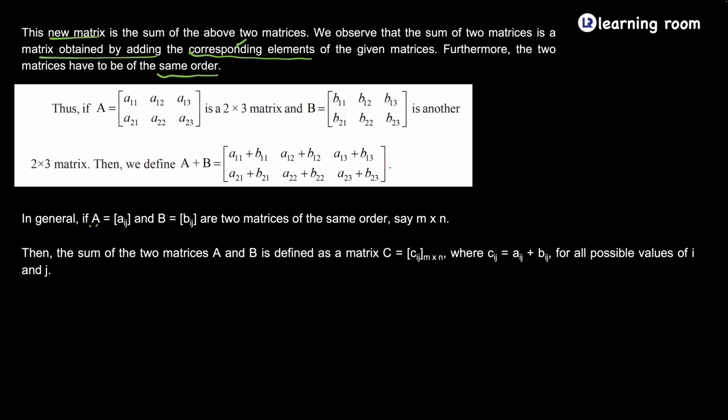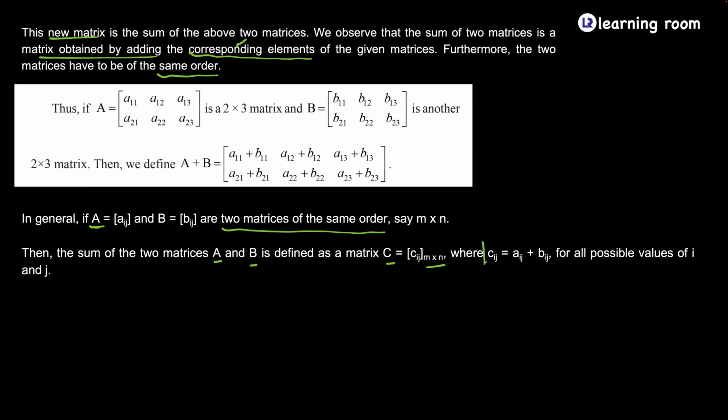So in general, if you take a matrix A, which has the elements Aij, and B is a matrix which has the elements Bij. ij is not changing, only the notation for the element is changing. In set A, the element is Aij. In set B, it is Bij. Right. So these are two matrices of the same order, say M cross N. Then the sum of the two matrices A and B is defined as an output matrix C, which is going to have the element Cij of the same order M cross N, where Cij will be equal to Aij plus Bij.